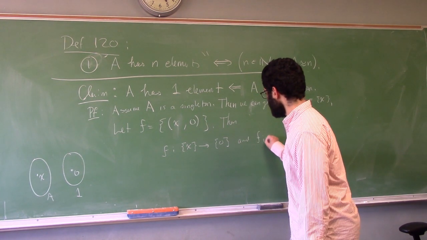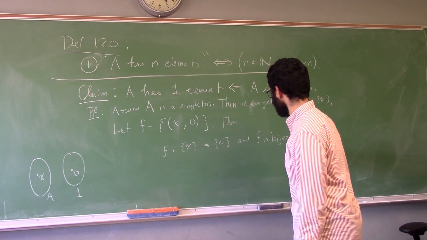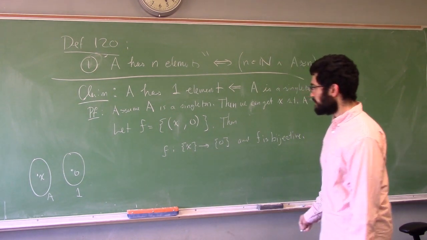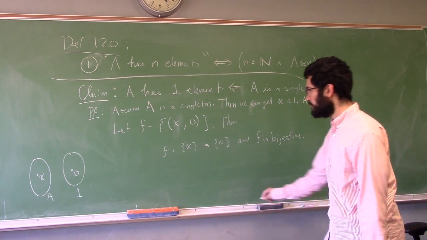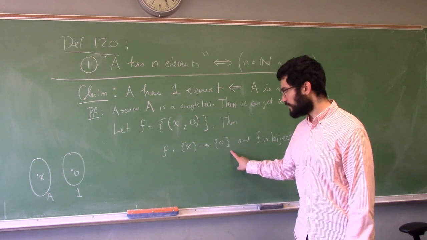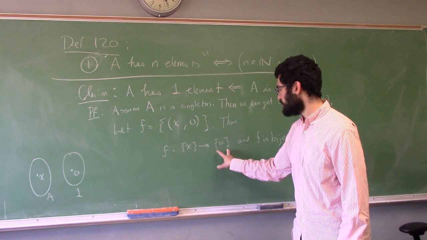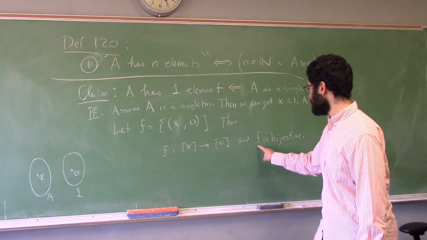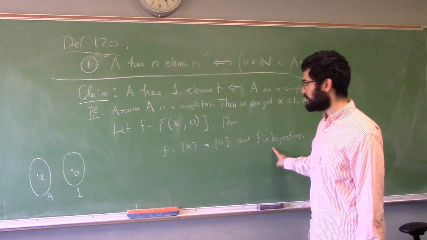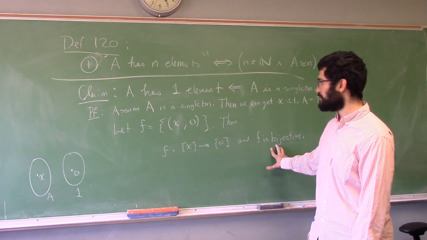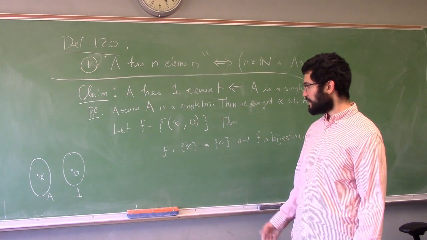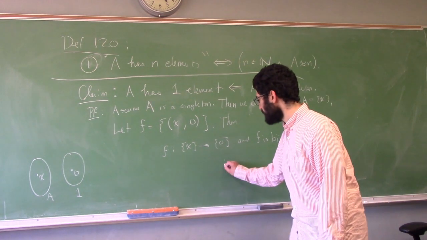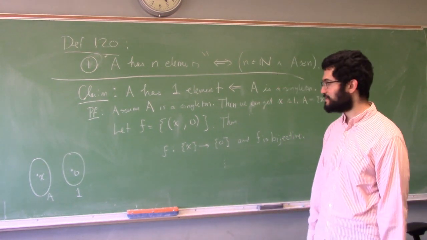And f is bijective. Okay, so these are things that you would have to prove. There are 3 statements here. f is a function, the domain of f is this, the range of f is a subset of this, and f is injective, and f is surjective. So 3 things to prove here, 2 things to prove here. And let me stop here and say, you can probably fill in the rest here.